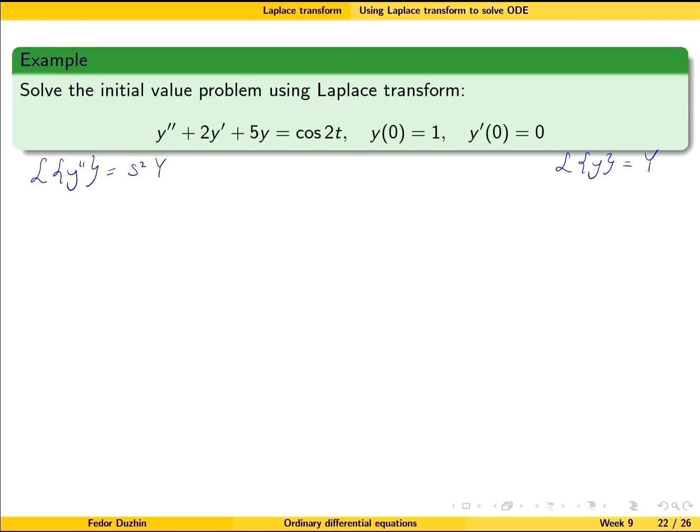Then the Laplace transform of the second derivative is s squared Y minus s times y of 0, and y of 0 is 1, so minus s, and then minus y prime of 0, which is 0, so that's it. The Laplace transform of the first derivative is s times the Laplace transform of the unknown function minus y of 0, so minus 1.